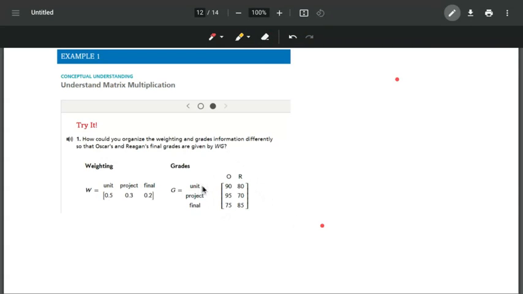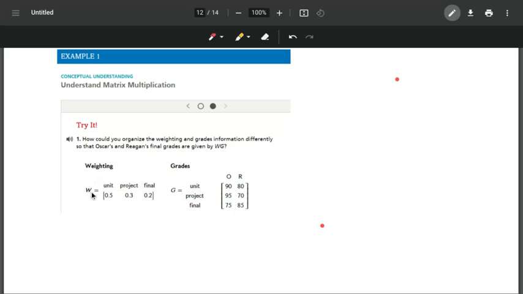It looks like they had a unit test, a project, and a final. Oscar made a 90 on the unit test, whereas Reagan made an 80. Oscar made a 95 on the project, Reagan made a 70. And on the final exam, Oscar made a 75, but Reagan made an 85.